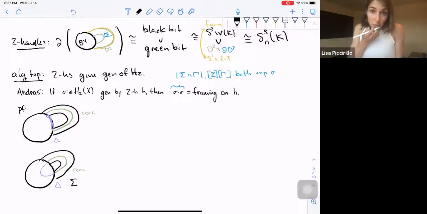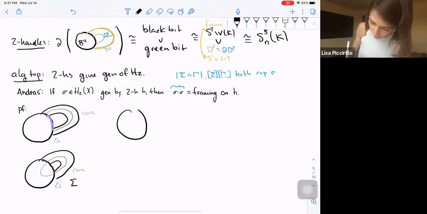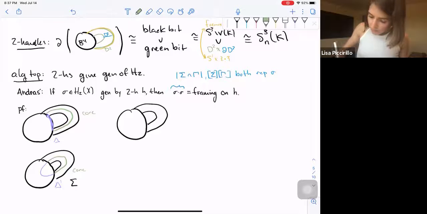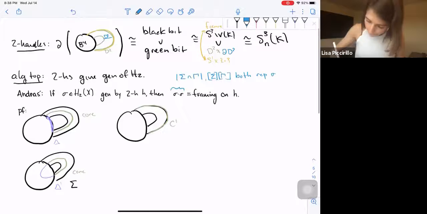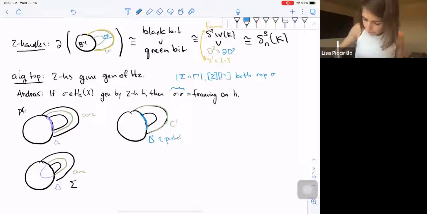Now we just need one more surface generating this homology class. So let's try again. We'll try to do a very similar thing. So here's our space again. Instead of taking the core, let's take some C prime. It's just a push-off of the core, something like what we did before. And instead of taking delta, we'll take delta prime, which is again some epsilon push-off of delta.